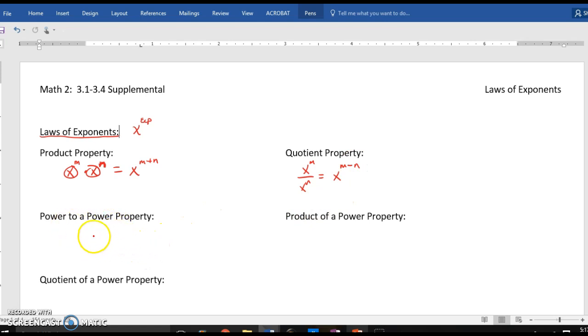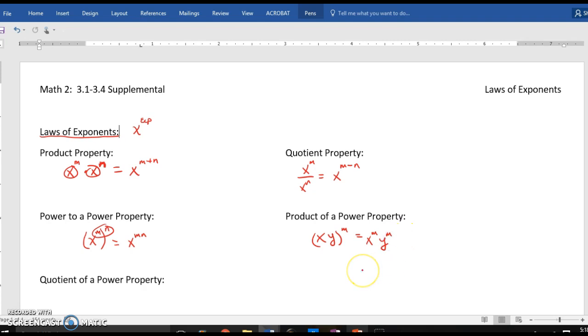Power to a power property, meaning if I have x to the m and then I take this term and raise it to the n power, here is where I multiply the exponents. Okay. Product of a power property means if I have x times y all raised to the m power, then basically each factor inside here can get raised to that power.